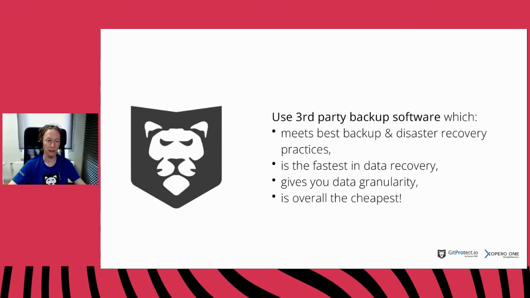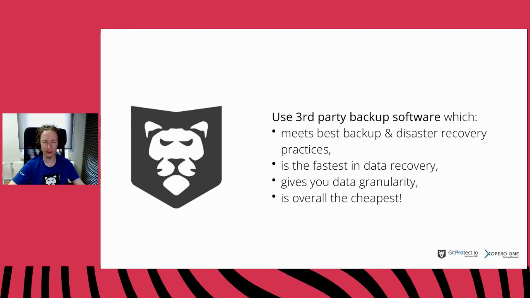If we calculate the time and money needed for implementation, for maintaining this solution, or for the time which will be needed during a disaster to restore, then such solutions as third-party backup are overall the cheapest.